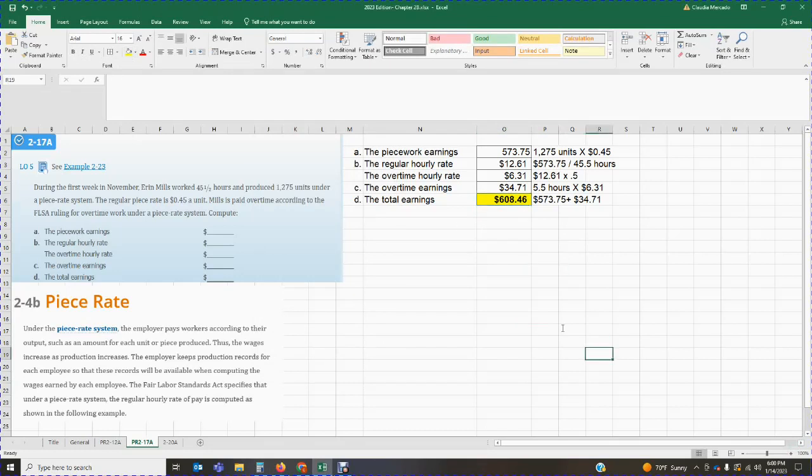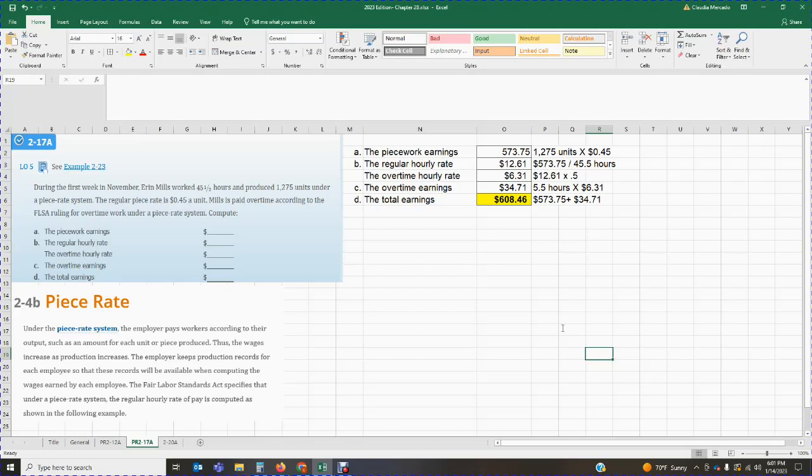So when we're calculating the piecework earnings, the first thing we need to do is multiply the total number of units produced by the rate per unit. Once we calculate the piecework earnings, we work backwards to calculate the hourly rate. We take the piecework earnings divided by the total number of hours worked during the week to get our hourly rate.